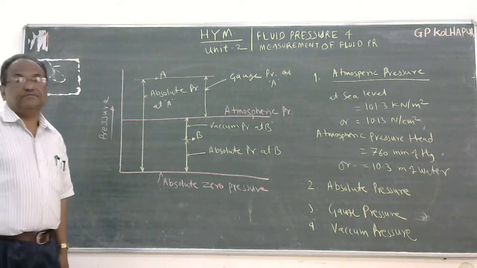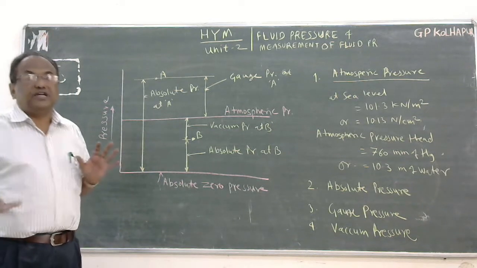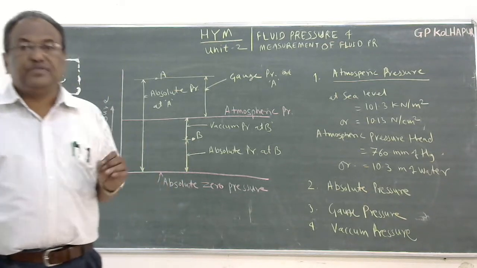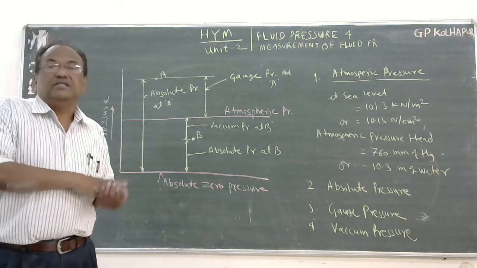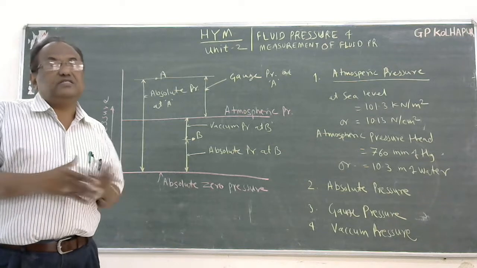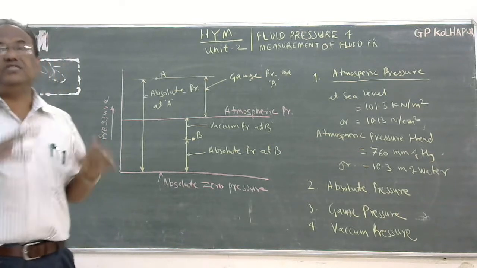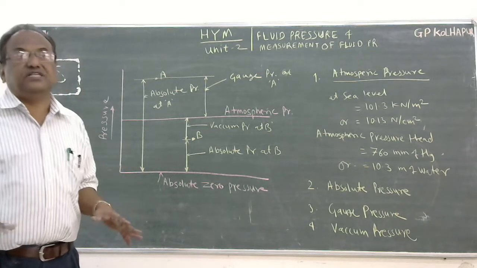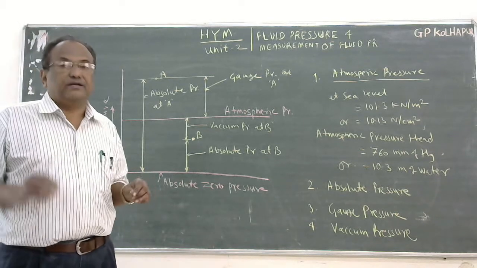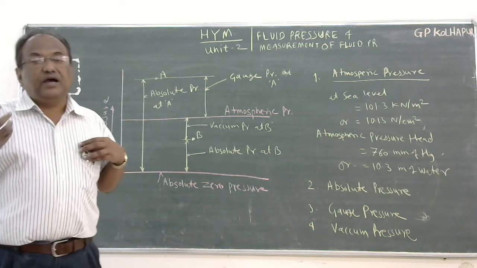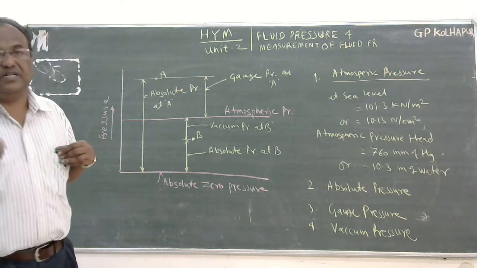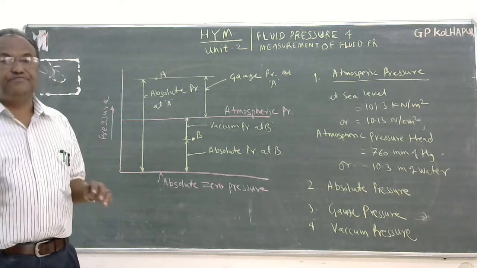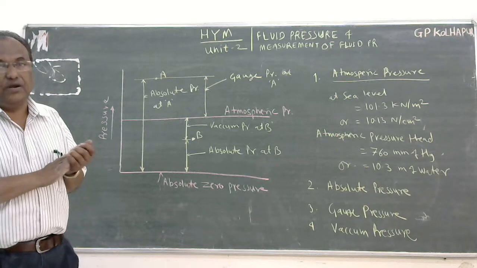Atmospheric air exerts normal pressure on all the surfaces with which it comes into contact. This is due to the fact that the air carries certain weight, and this weight is put on all the surfaces it touches. The earth is surrounded by air up to a certain height, and air carries some weight.